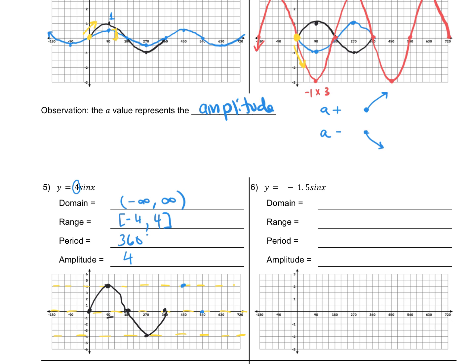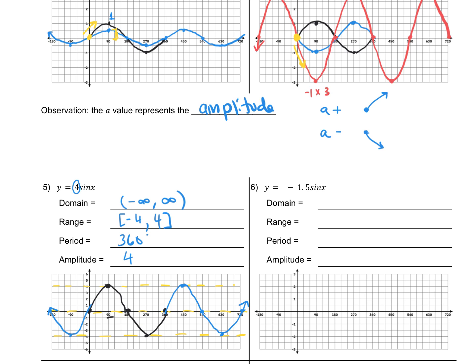Just keep hopping every 90 degrees, and then backwards as well. And there's y equals 4 sine x, much quicker. I didn't have to draw my base function this time. I just jumped straight to drawing in my max and mins, and then drawing the pattern a little stretched in this case. Okay, next one.